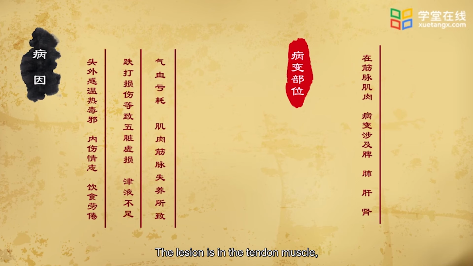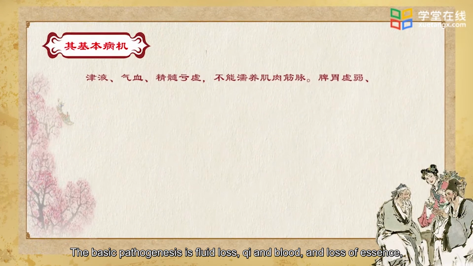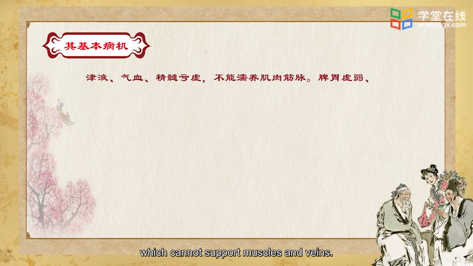The lesion is in the tendon and muscle, and involves the spleen, lung, liver, and kidney. The basic pathogenesis is loss of fluid, qi and blood, and essence, which cannot support muscles and veins.